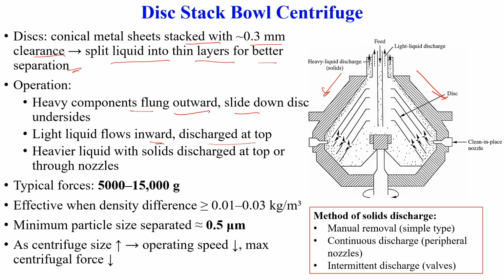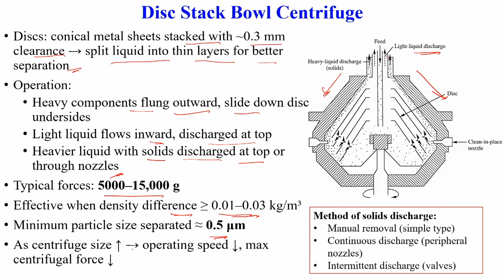So, feed is coming here and you just see the liquid is discharged at the top. Heavier liquid with solids is discharged, maybe through nozzles. A typical force range is 5000 to 15,000 G, and it is effective when the density difference is in the range of 0.01 to 0.03 kg per meter cube, and a typical value of minimum particle size separated is 0.5 micrometer.